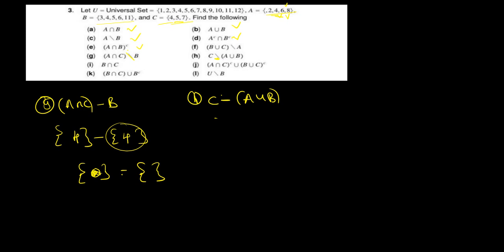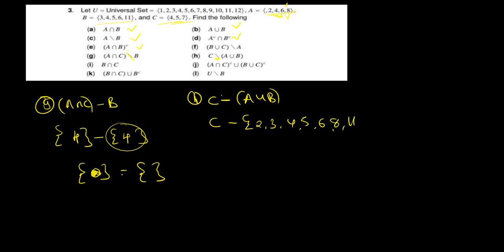We are doing C minus everything from A and B. So A and B have elements such as what? We are listing everything from A and B. From B the list I can see is 2, 3, 4, 5, then 6 is in both, 8, 11.